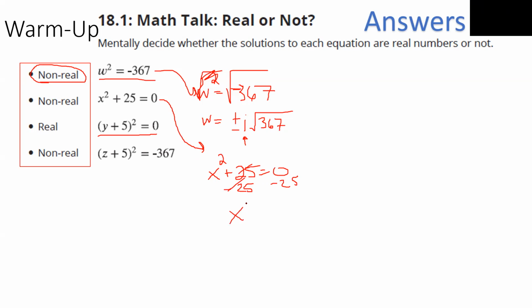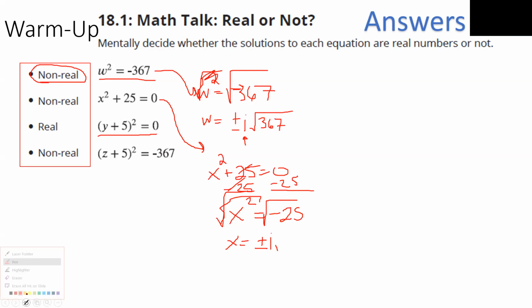We are left with x squared is equal to 0 minus 25, which is negative 25. Same situation as before. If I take the square root of both sides, the square root and the square cancel, and I'm left with plus or minus. Now, because it has a negative inside of the square root, that would be i. And we know the square root of 25 is 5.